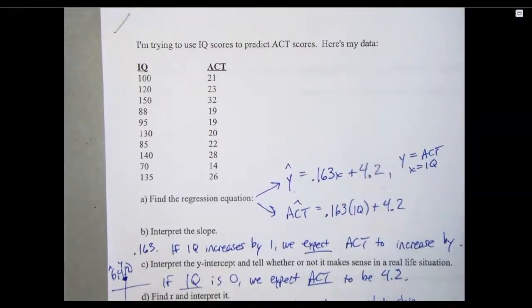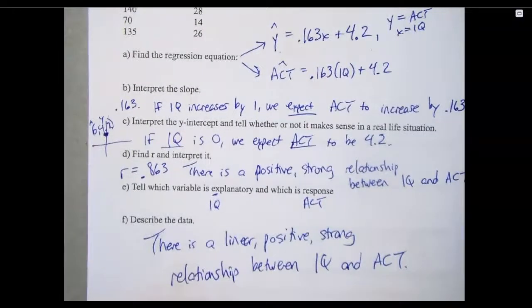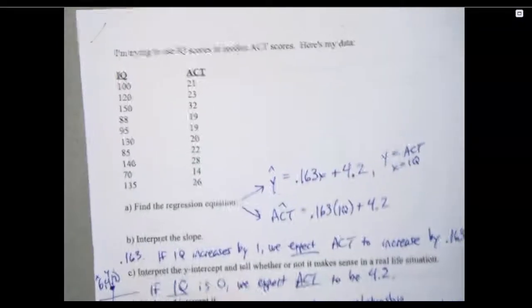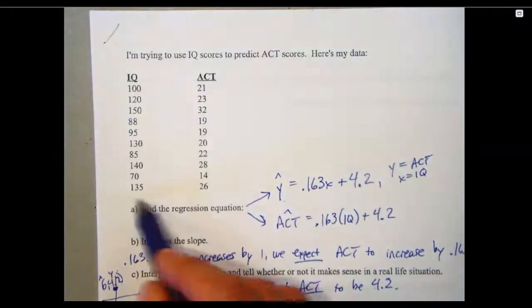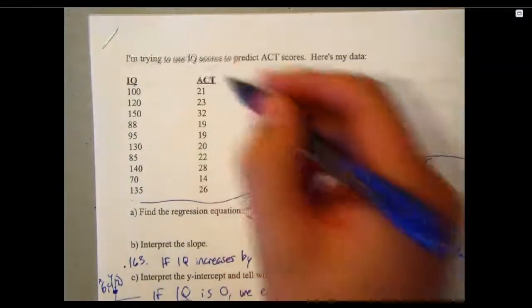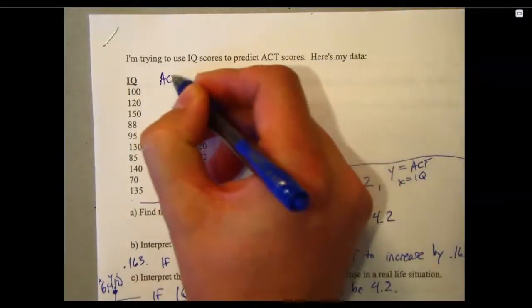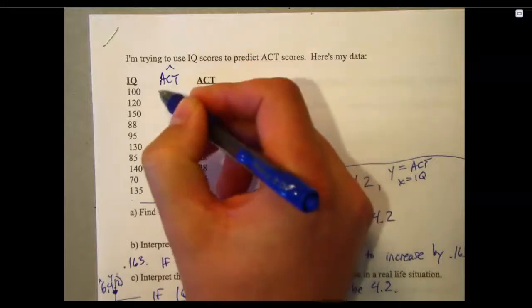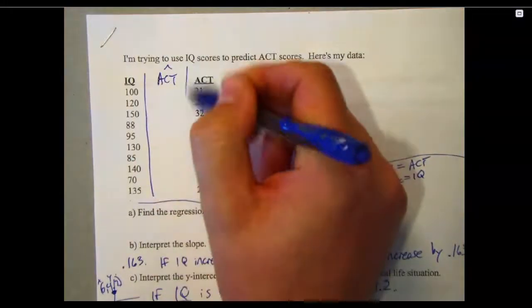All right, don't turn the page yet. Actually. So we're gonna go back to this table, and I kind of wrote, I didn't really intend to write it there, but we're gonna squeeze things in. We're gonna put ACT hat here in the middle.